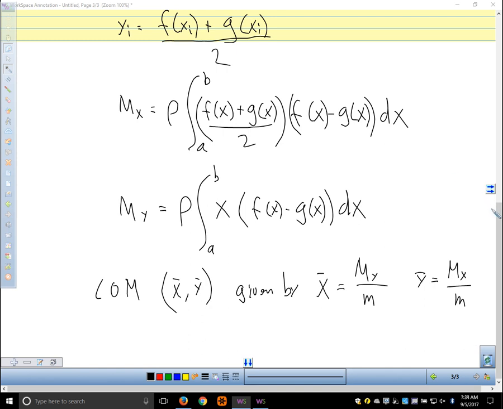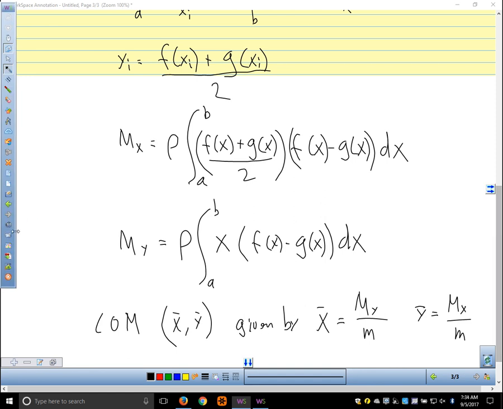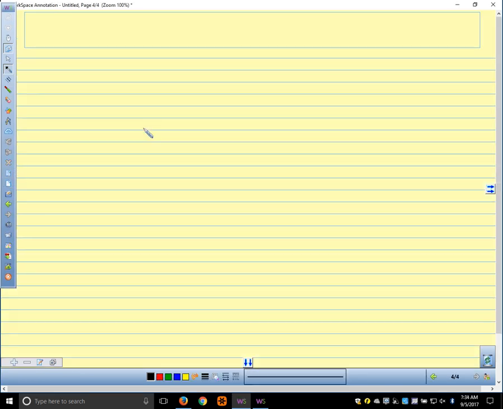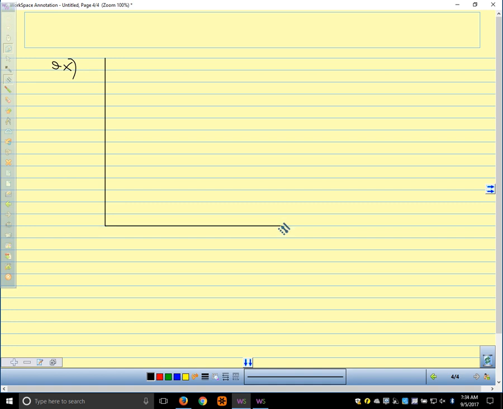All right. So let's look at an example. Often with these, the difficulty is setting them up. Very similar to what we did with work. So here is our planar lamina.